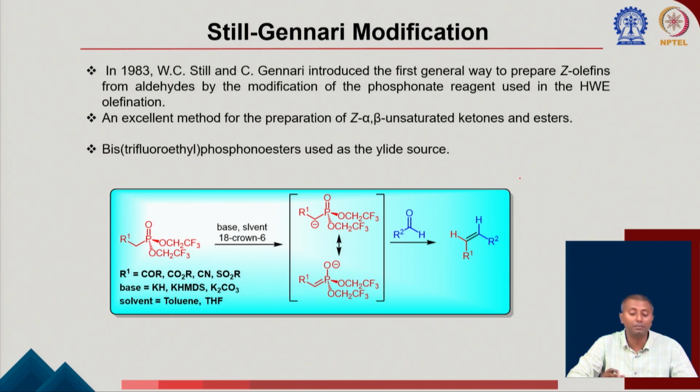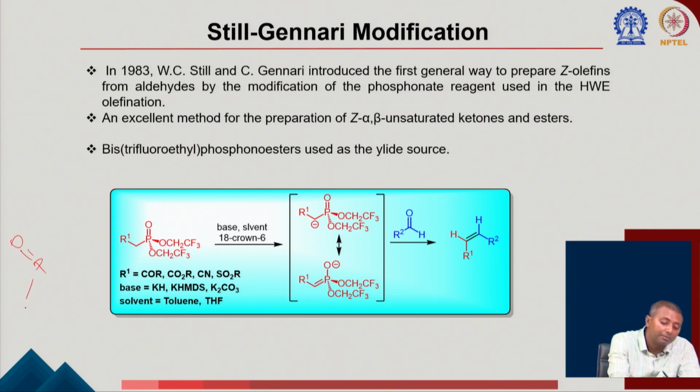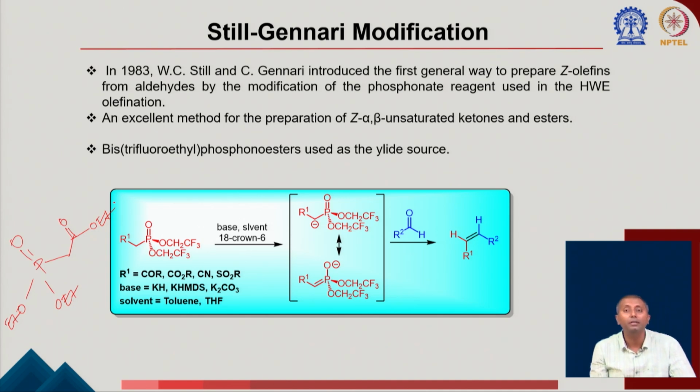We talked about the HWE modification, and we are going to talk about another modification called the Still-Gennari modification, or SG modification. The initial concept was that once you have this type of stabilized ylide, the Horner-Wadsworth-Emmons modification, where you have this phosphonate ylide, we always get the corresponding E product.